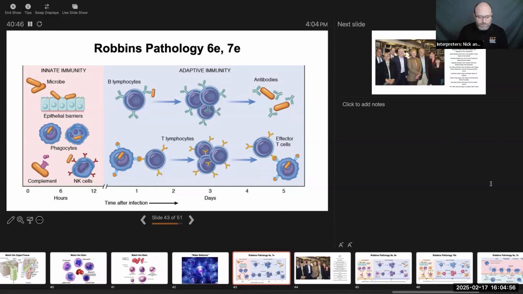The full name of it is actually Robbins' Pathologic Basis of Disease. Stanley Robbins was a pathologist at Harvard at Brigham and Women's Hospital back in like, I don't know, the 50s or 60s or something. And he wrote this book, and there were 5 editions of it before I got involved in it. And all of the artwork was all just black and white.